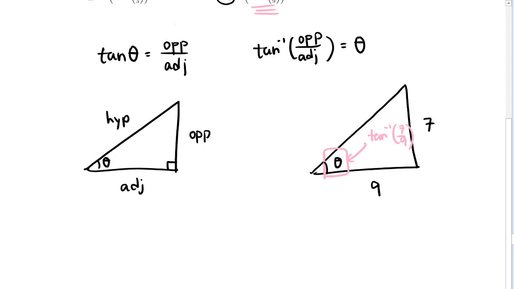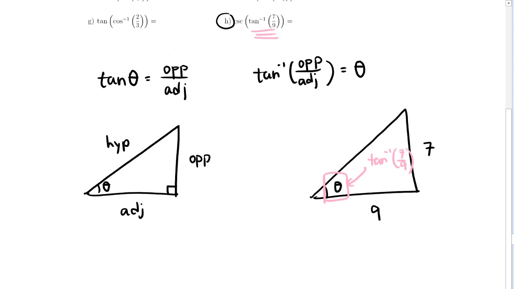It's giving us back this angle theta. And so here, we don't actually have to compute what theta is, we just have to know that tangent inverse is giving us back this angle. And then when we want to evaluate cosecant of this angle, what we obtain from tangent inverse of 7 over 9, well, it's going to take a new ratio, right?